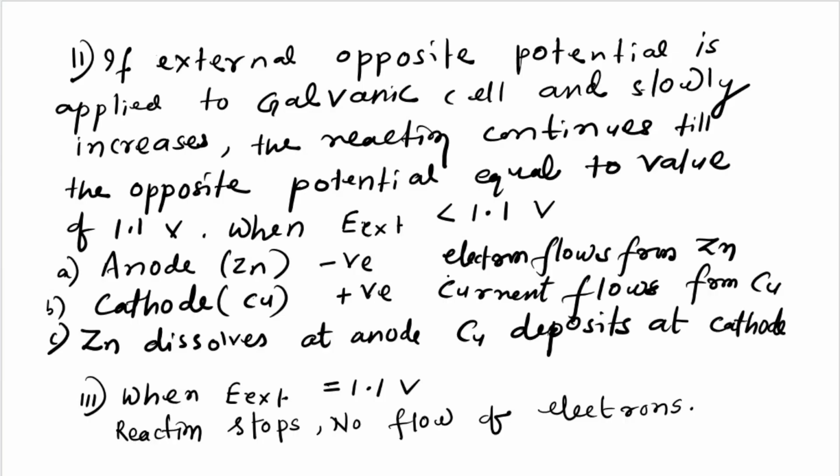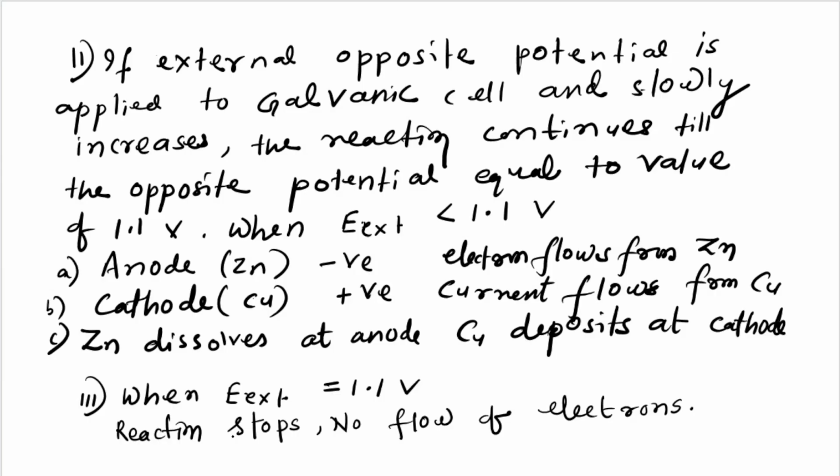When this external potential is less than 1.1 volts, then what happens? Here the anode is negative zinc, electrons flow from zinc, and the cathode is copper, the positive electrode. Current flows from copper.